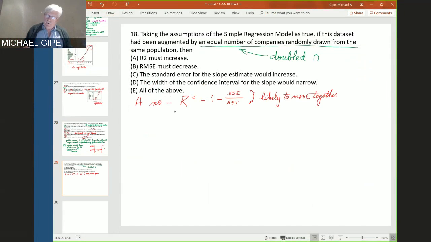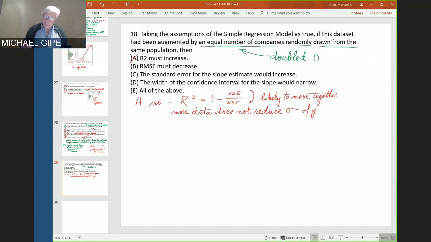The other thing to remember is that more data does not reduce sigma. It reduces standard error, but not the sigma, the standard deviation of y. And so the sum of the squared errors over n and the sum of the squared total over n would stay the same. Okay, so A is not correct.